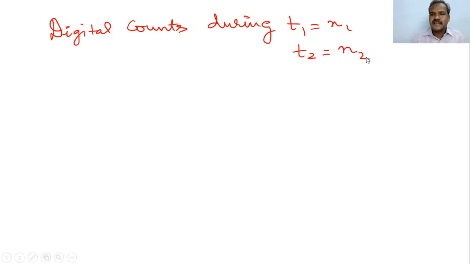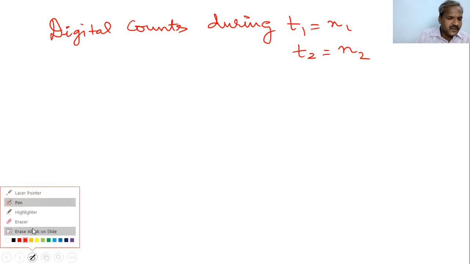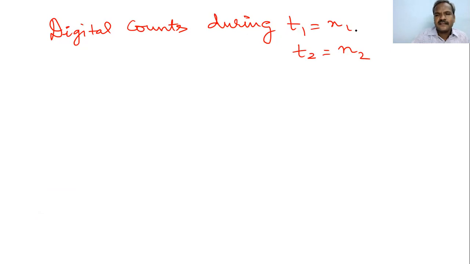That means T1 equal to N1 T, T2 equal to N2 T. So T is the oscillator period.